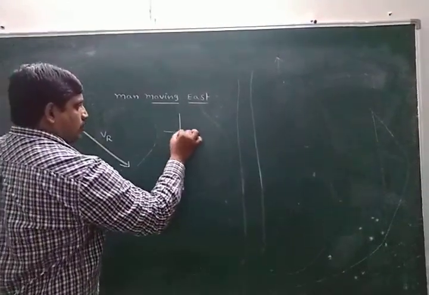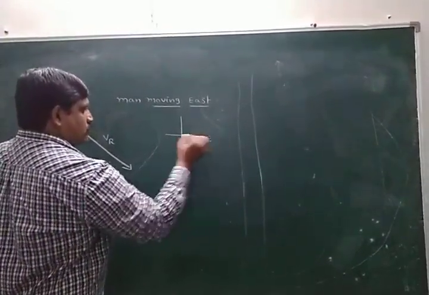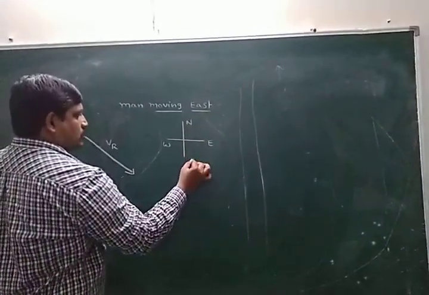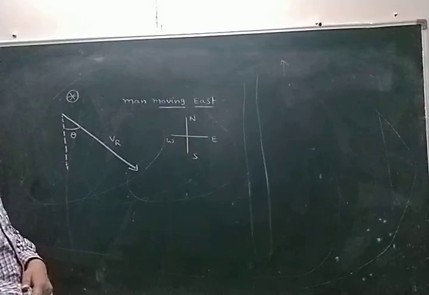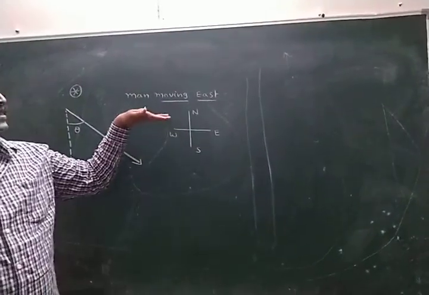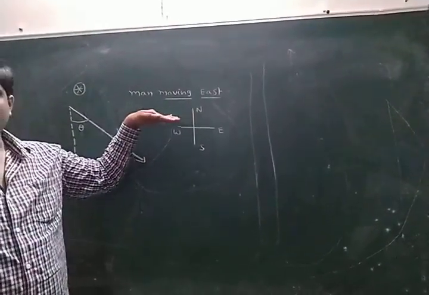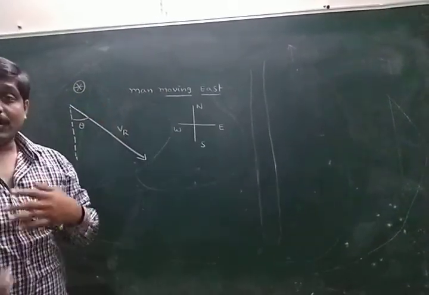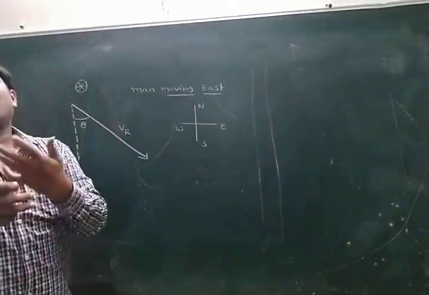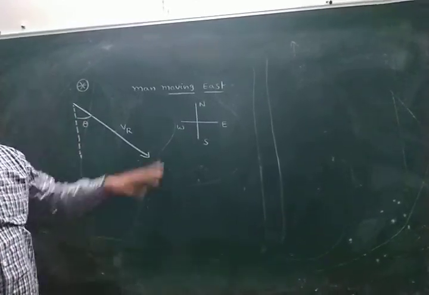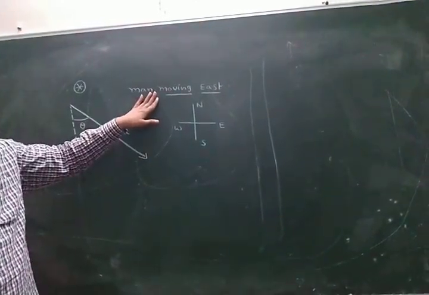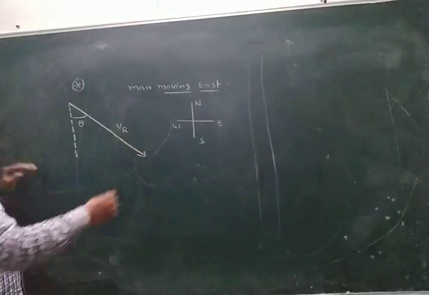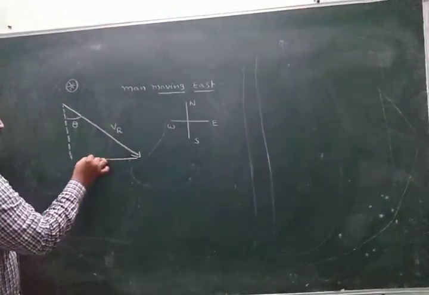This is east, this is west, this is north, this is south. In this situation, the man is moving eastward, but we assume the opposite direction. Suppose the man is moving eastward, we take the man moving westward. This is the situation. Okay?